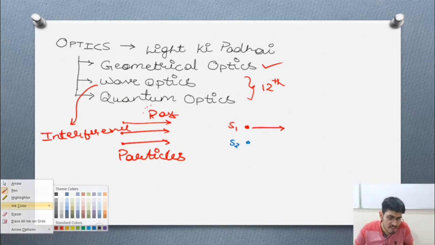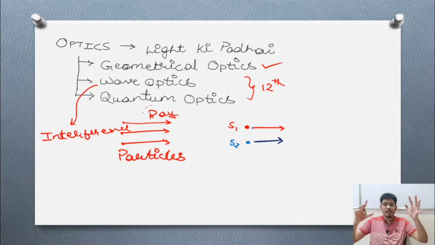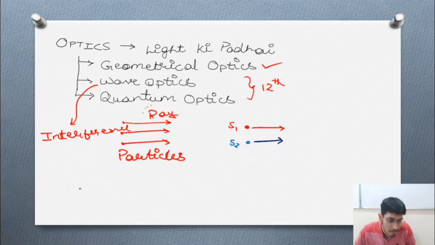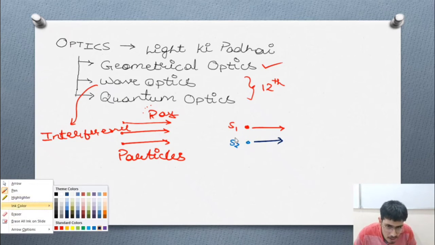But how is it happening that when we go to a discotheque or EDM nights, we see that both lights combine up, something like this? Can I say that they combine up something like this?